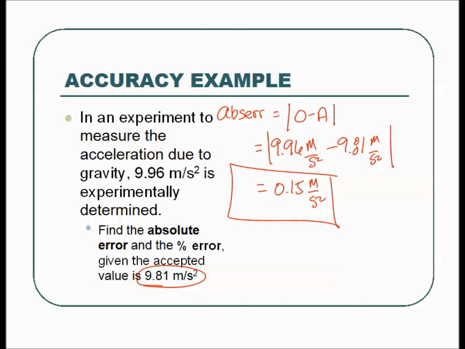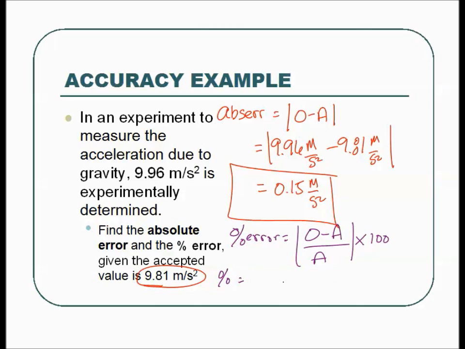So let's look at the percent error. And the percent error, I'll do that in a different color. I'll do that in purple. How about that? Purple. So percent error is the observed minus the accepted divided by the accepted, and then we'll take the absolute value of that and multiply that by 100. It's very simple. It's just the absolute error divided by the accepted value.